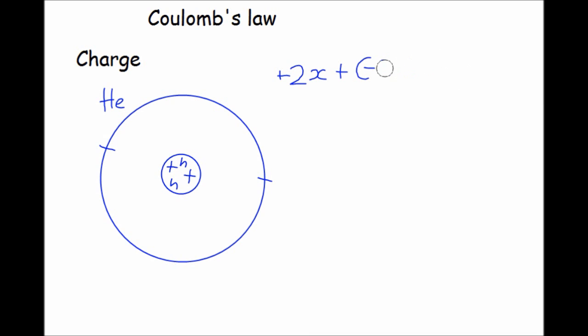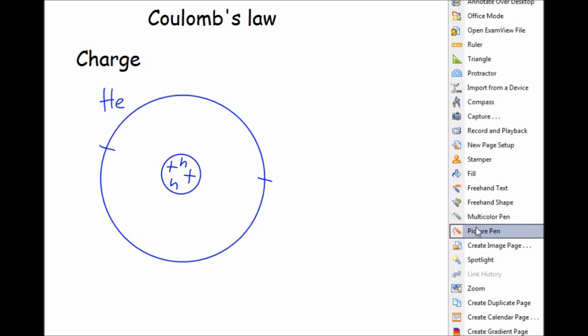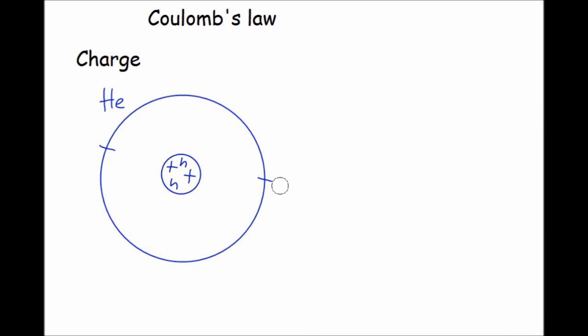So if we are talking about an atom, if for instance we remove one electron, you'll only be left with one electron in this case.